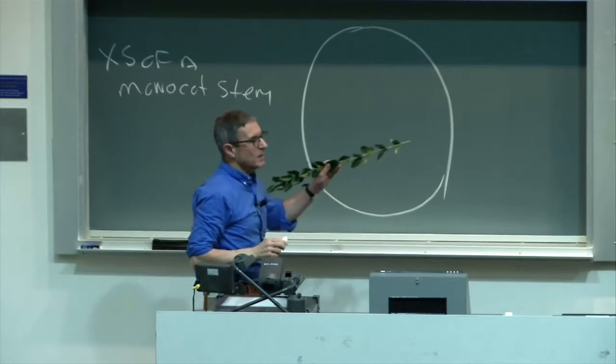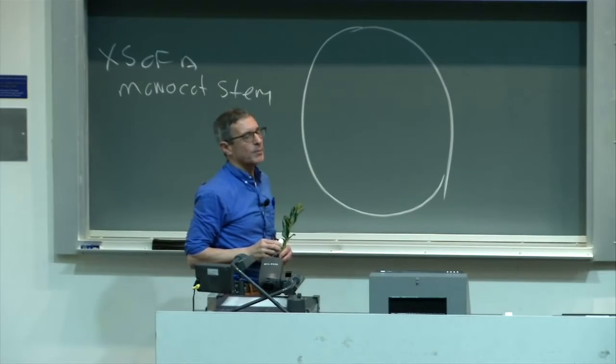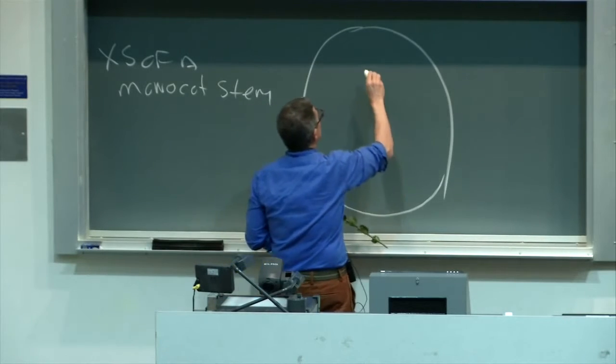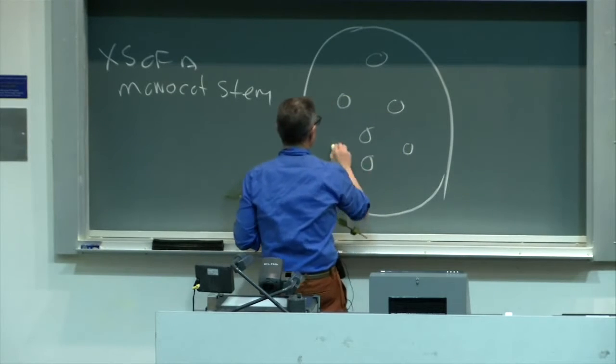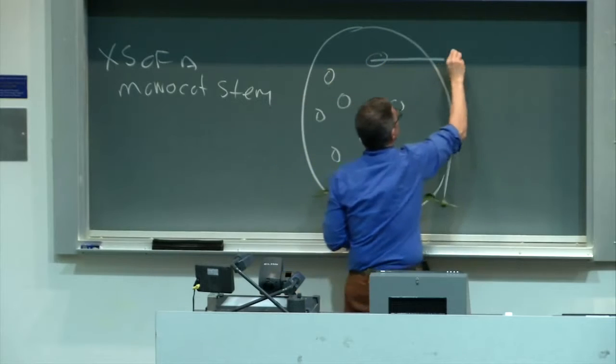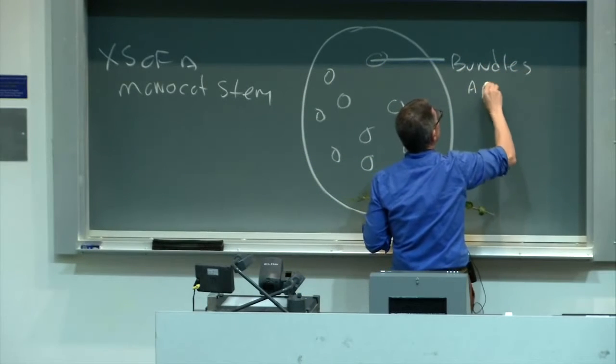And rather than having distinct bundles, which appear to be slightly below the epidermis, what we find in a monocot stem is that the bundles appear to be randomly scattered. So these are bundles, and they appear to be randomly scattered.